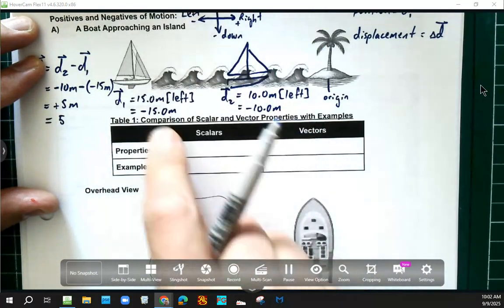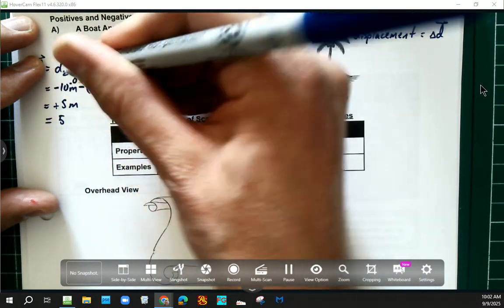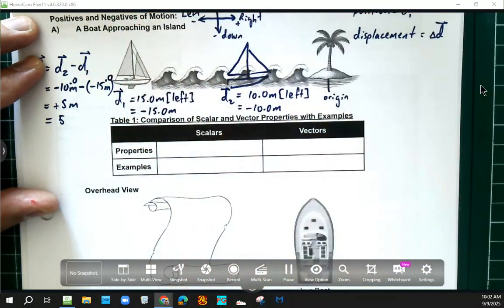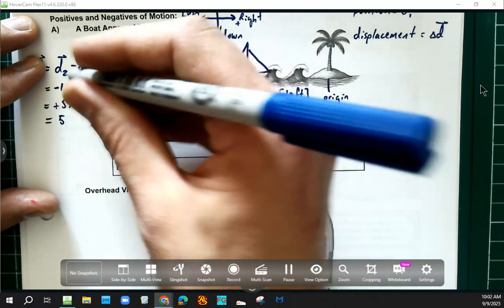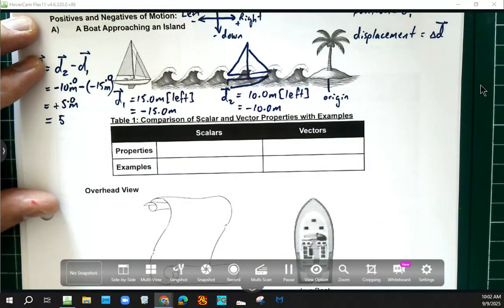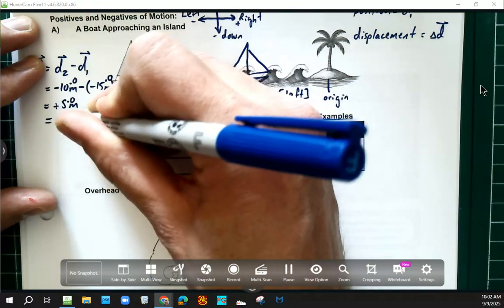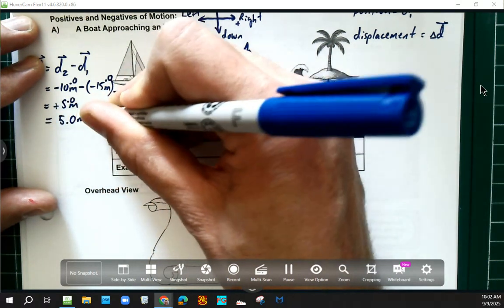And we could even keep, it really is 10.0. Maybe I shouldn't have done that because we should be talking about how we deal with significant figures and decimal places. Really that should be 5.0 because we're adding a single decimal place item to another single decimal place item. So 5.0 meters, right.